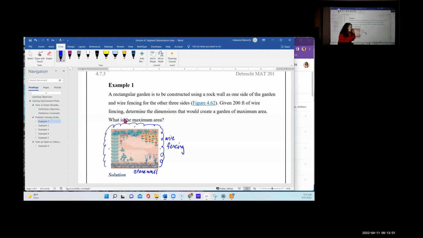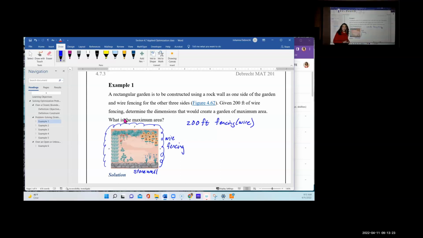Given, okay, 200 feet of wire fencing. That needs to be written down somewhere. So 200 feet of wire fencing.